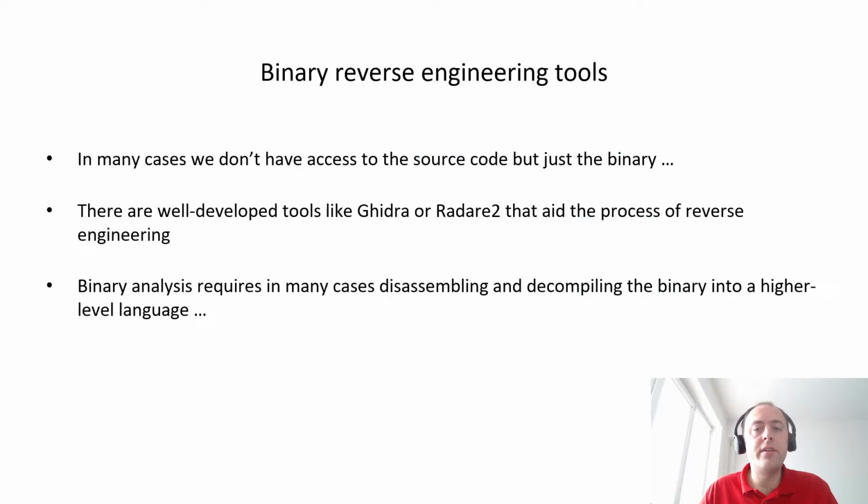In terms of binary reverse engineering tools, as we've already mentioned, in many cases we don't have access to the source code, and we need to use some helper tools like Ghidra or Radare2 that do reverse engineering for us. So we can use one of these tools first to disassemble and decompile the binary into a higher level language, typically C or C++, but this might also be another programming language, like Java, for example.